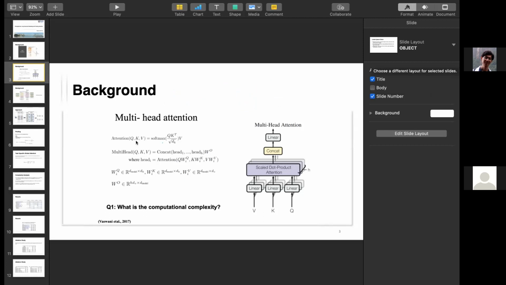Here we have the formula for the attention score: the dot product of Q and K, divided by a factor, and then times V. After that we take the softmax to get a score that is within 0 and 1.